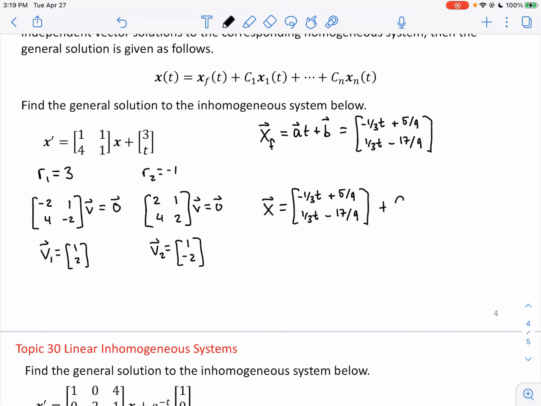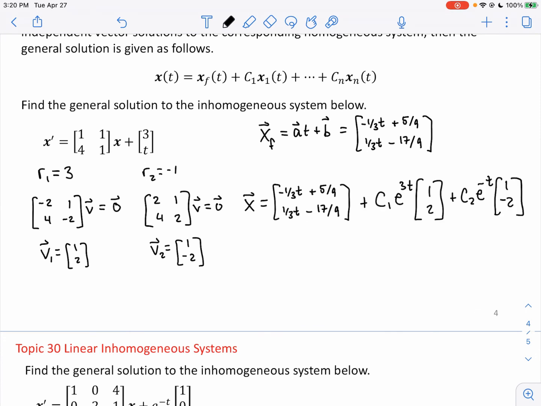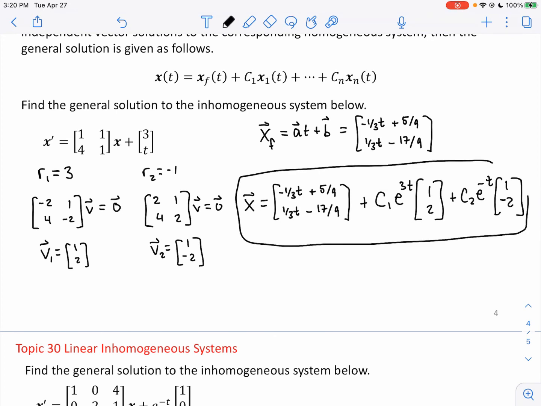And then plus some constant c1 times, now let's go with our first eigenvalue with corresponding eigenvector, so e to the 3t times that eigenvector 1, 2. And then plus a second constant times, and now let's look at this eigenvalue with its eigenvector, so e to the -t times 1, -2. And here is our general solution to the overall system.